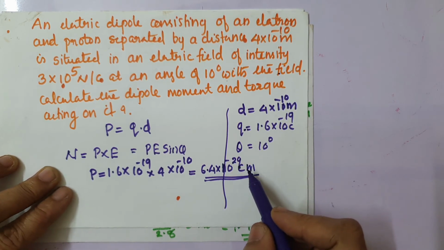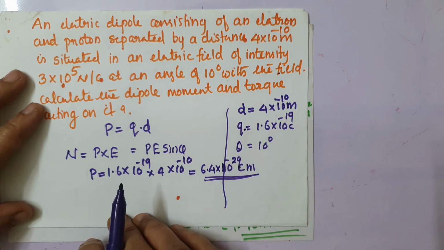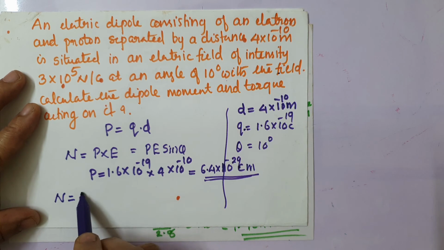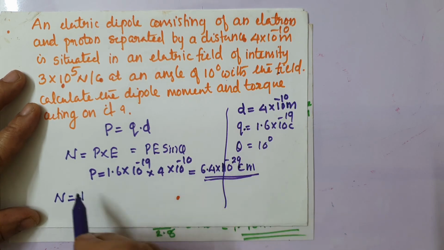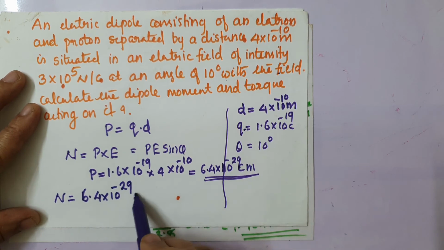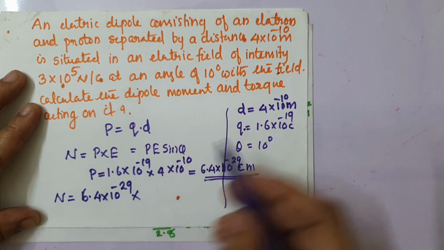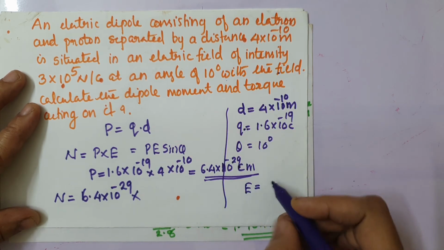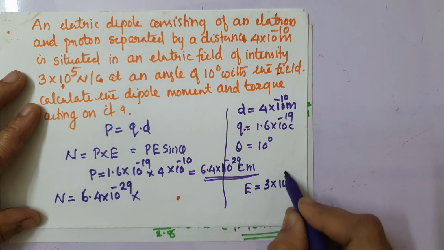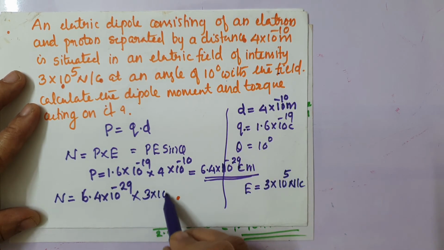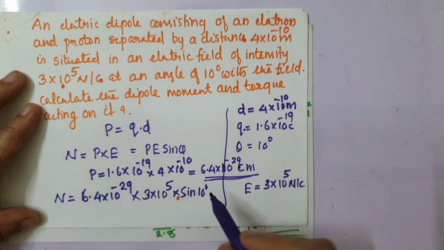And the torque N is equal to P E sin theta, that is P is 6.4 into 10 raised to minus 29, E is given as 3 into 10 raised to 5 Newton per coulomb, into sine of 10 degree.